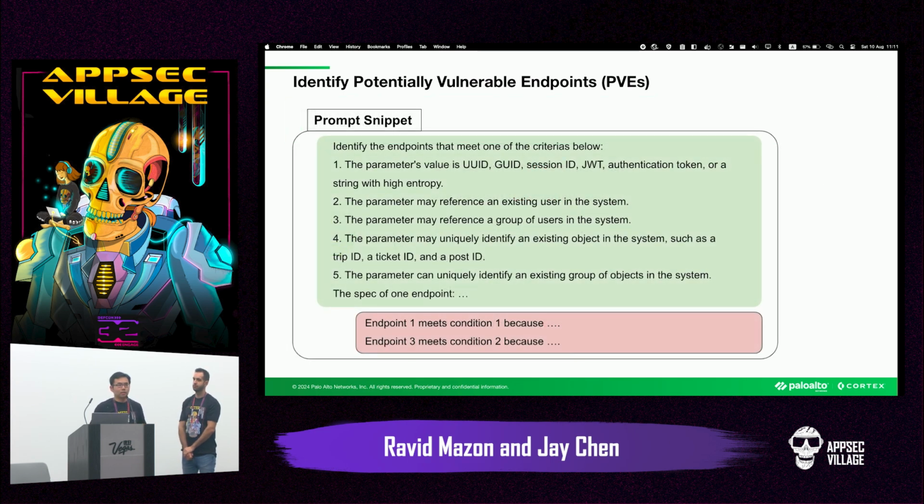Here is a snippet of our prompt that shows how we teach AI to recognize parameters that may reference sensitive data. Essentially, we give AI a set of rules and examples. At the end, AI returns the endpoints and parameters that meet any of the conditions that we provided.